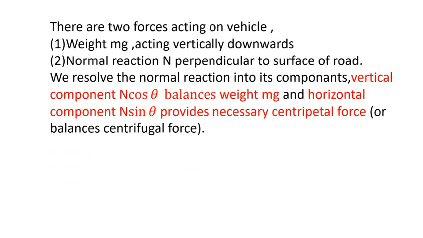There are two forces acting on the vehicle: weight mg acting vertically downwards, and normal reaction N perpendicular to the surface of the road. We resolve the normal reaction into its components. The vertical component n cos theta balances weight mg, and the horizontal component n sin theta provides the necessary centripetal force, or we can say balances the centrifugal force.